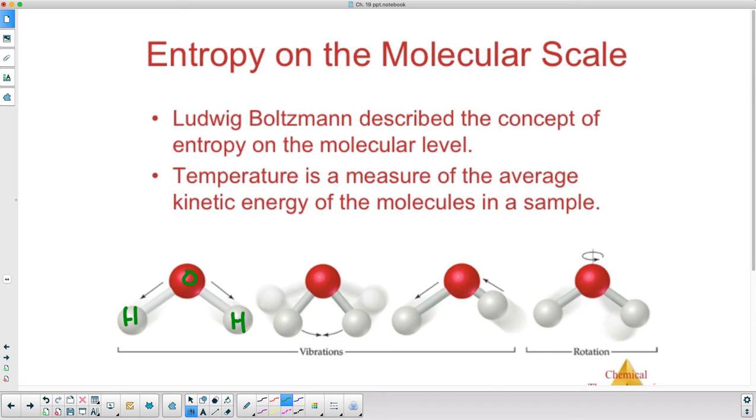Those are four types of movement for molecules. Each one of these constitutes a different way that the molecule can move, which is where we're getting our understanding of randomness, because each instance of this type of motion accounts for like 1 unit of randomness.